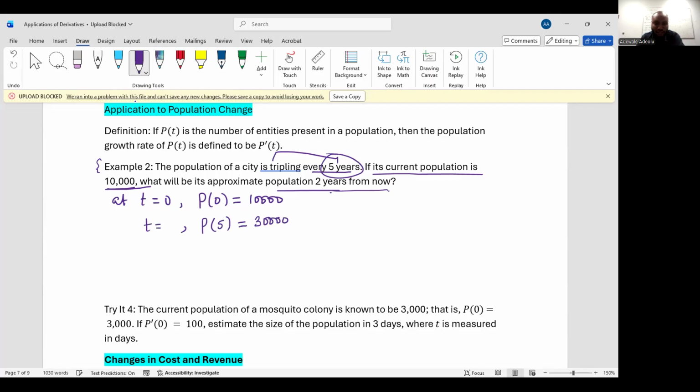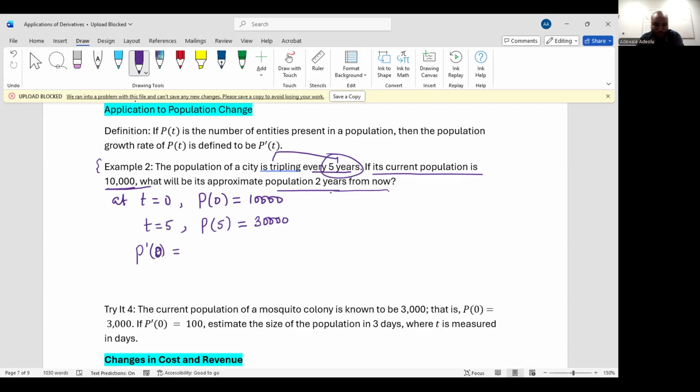So that is when t is 5, right? So with this, I can find the rate of change, right? I can find this. So I will call it P prime of 0, right?